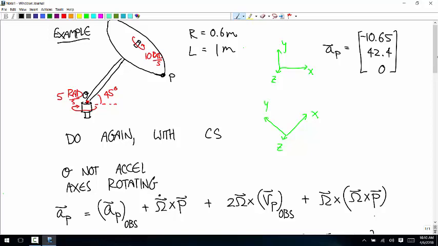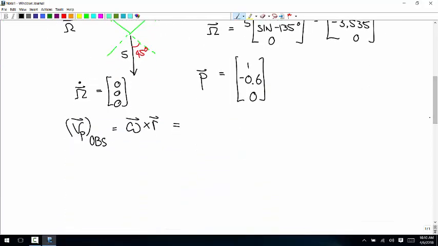That rotation is in the positive x direction, so that's just 10, 0, 0. And the r vector, here we see a difference between the position vector and the r vector. That is just from the center of that circular motion, the center of the disk, to the point P. So that's just 0, negative 0.6, 0.